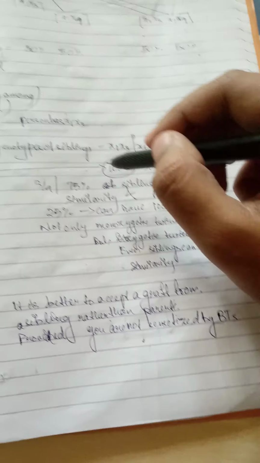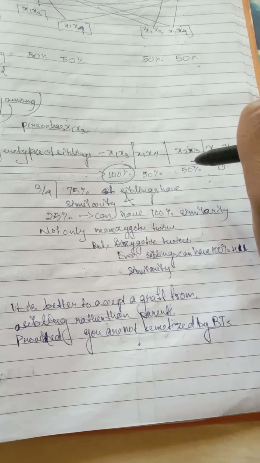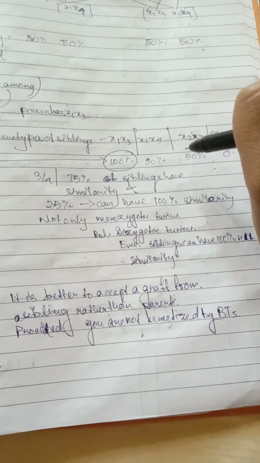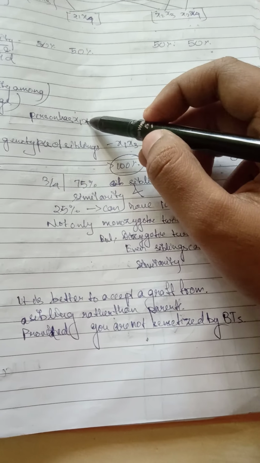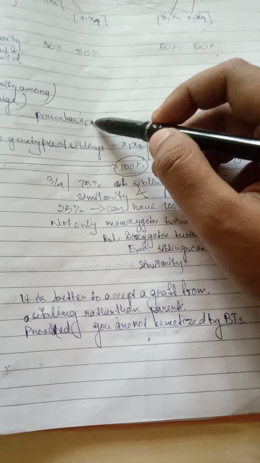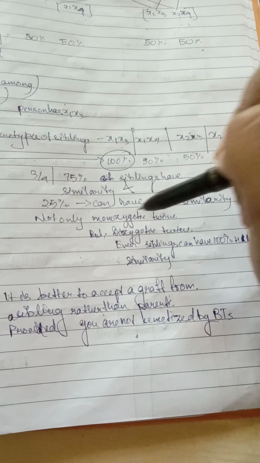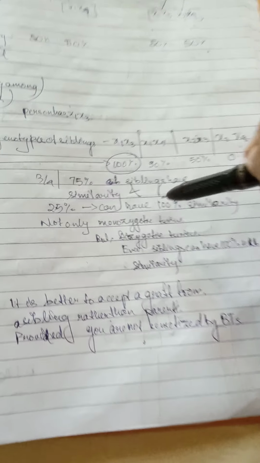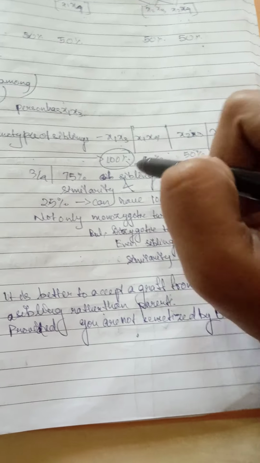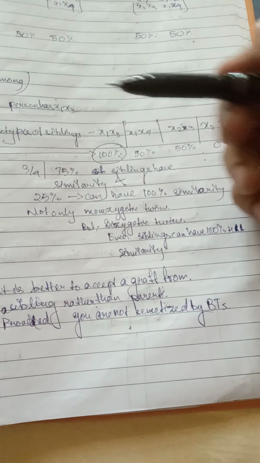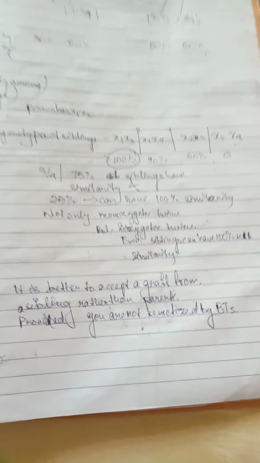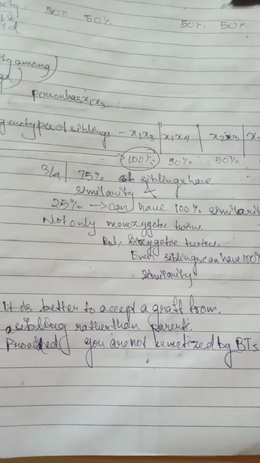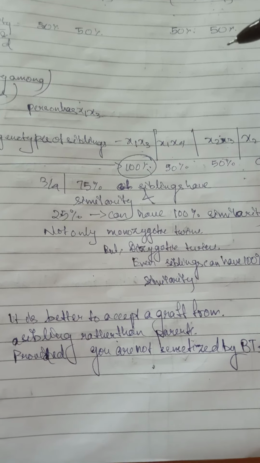So if the child has 4 siblings, 3 can have some degree of matching with this child. So 75% of siblings have similarity, and only 25%, 1 among 4, can have 100% similarity of HLA with his elder sibling.